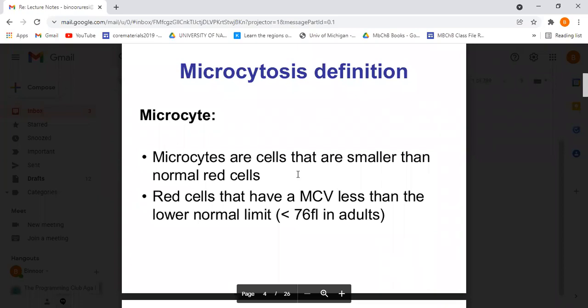It normally ranges between 76 and 96. So anything below 76 is referred to as microcytosis. Red cells that have an MCV less than the lower normal limit of 76 in adults are referred to as microcytes.